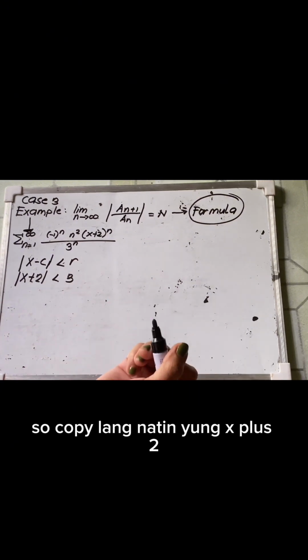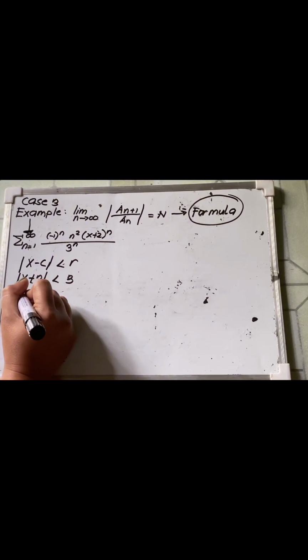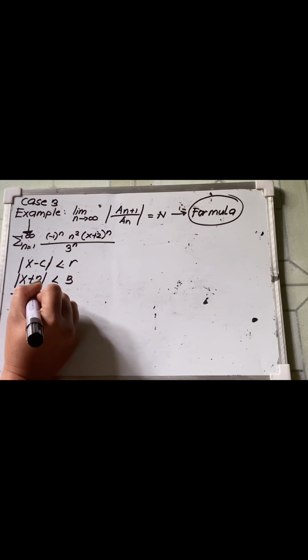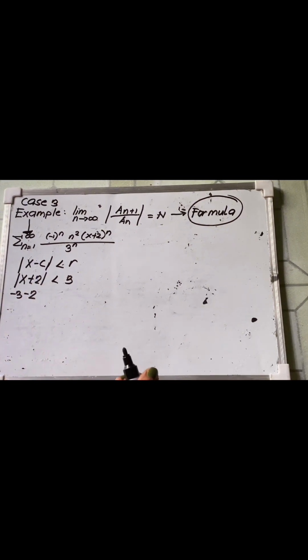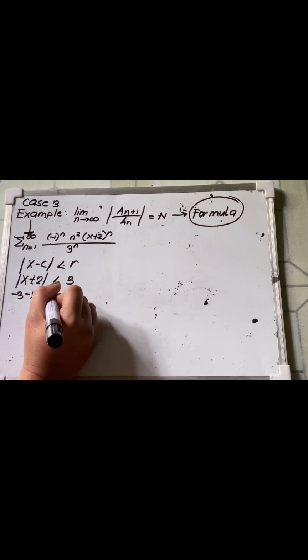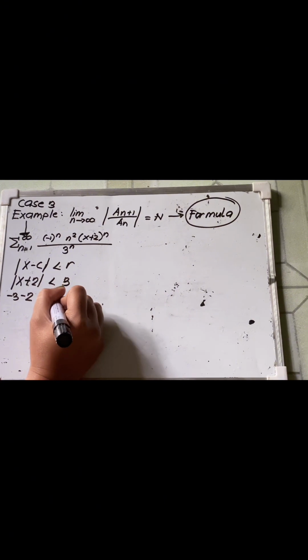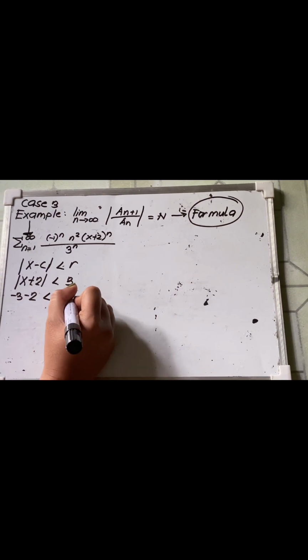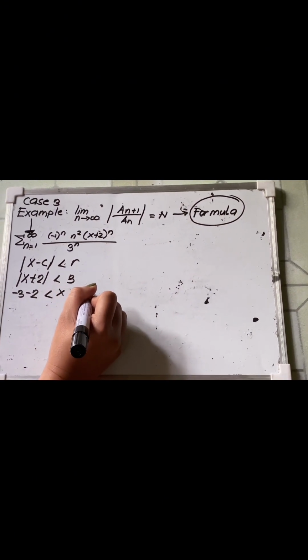So we copy x plus 2 less than 3, which is negative 3 less than x plus 2 less than 3.